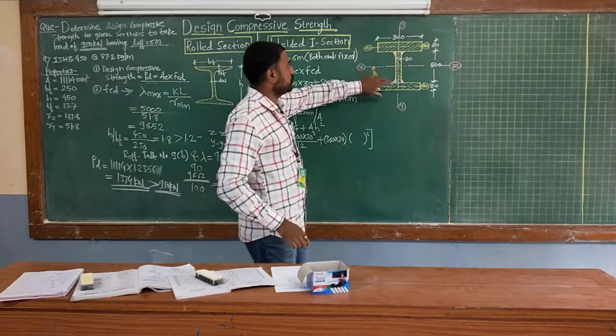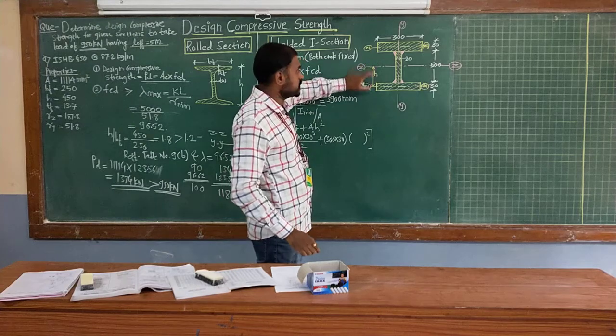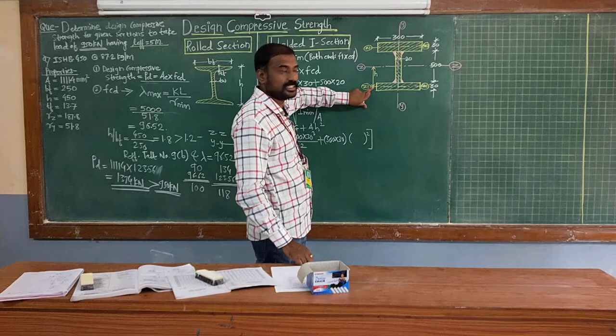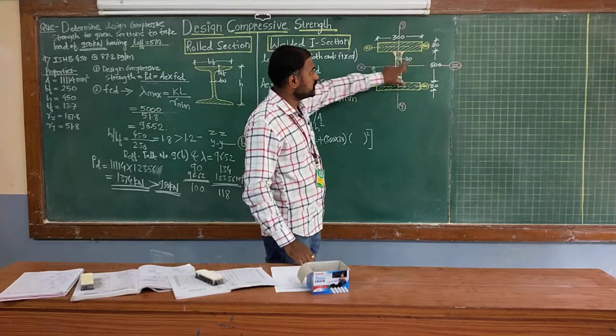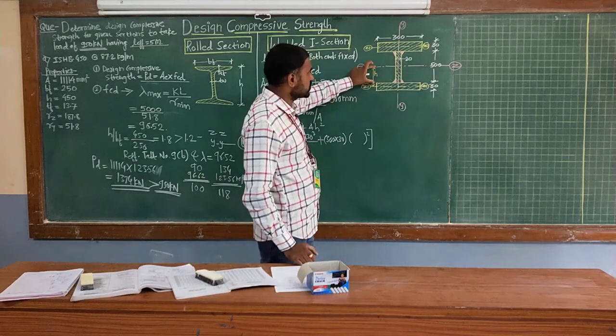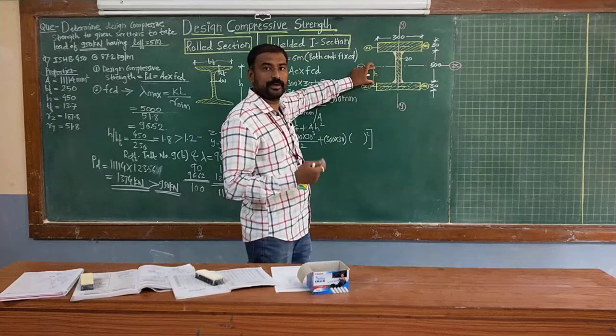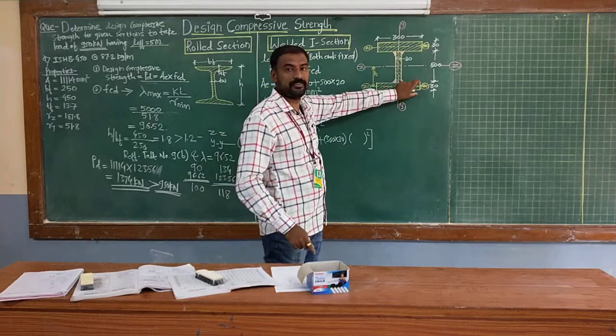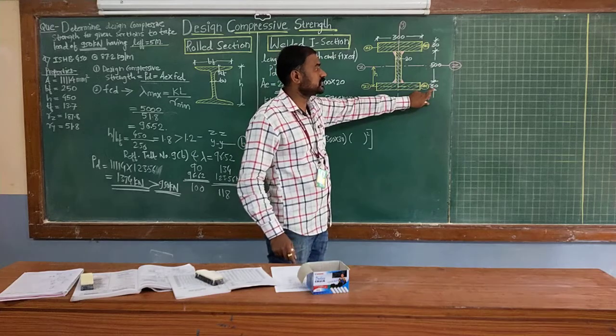Now what is the h value? This is the perpendicular distance between the two parallel axes. The total depth of your web is 500, so half of it is 500 divided by 2, that is 250, plus the thickness of flange divided by 2, that is 30 by 2.